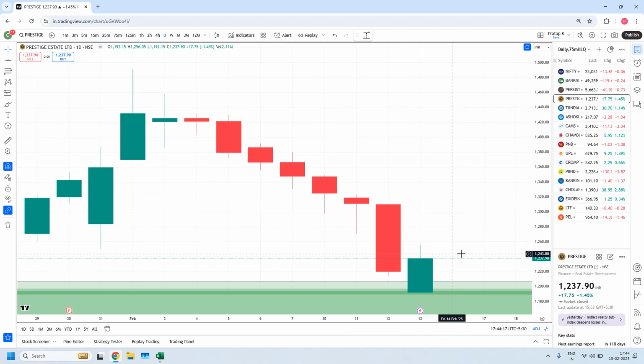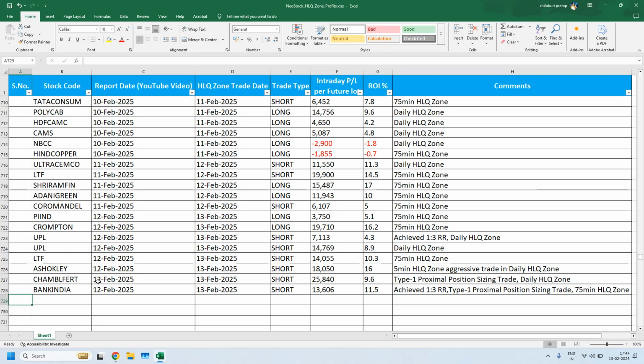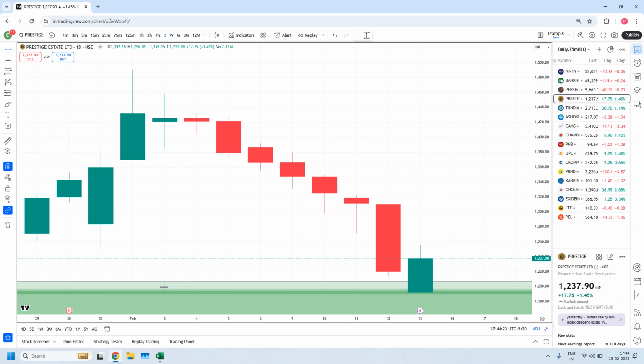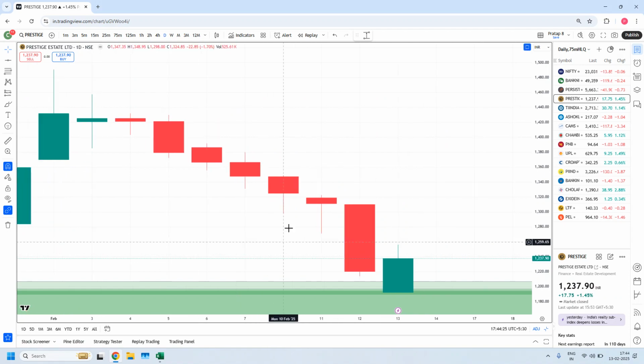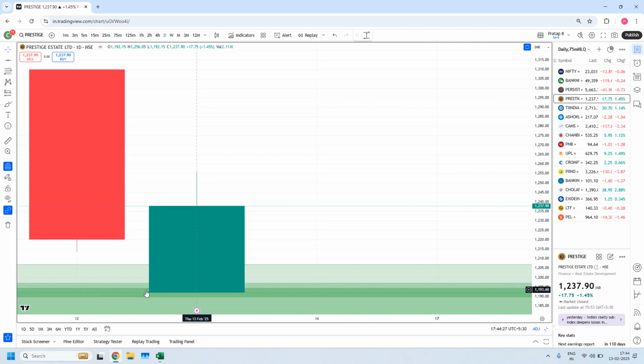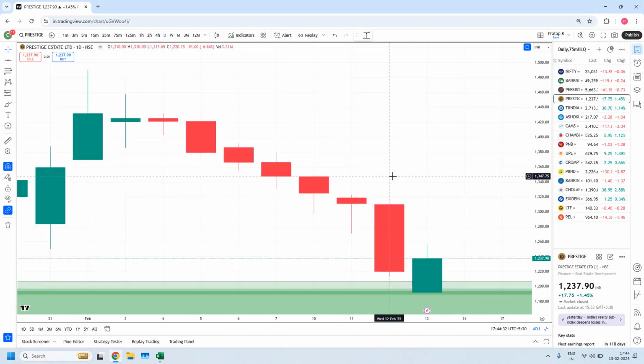Then why didn't we discuss this stock? Why is Prestige there in our Excel sheet? This is the question you have to ask. See, did the price exactly enter into the fine-tuned 5-minute zone? Now let me go to the 5 minutes time frame.